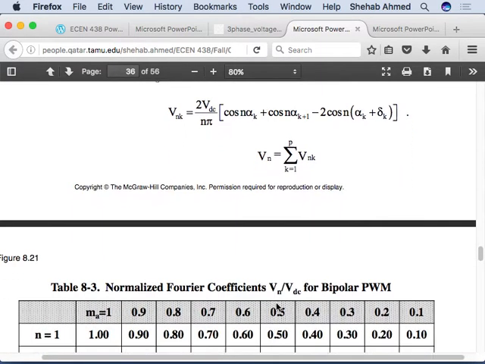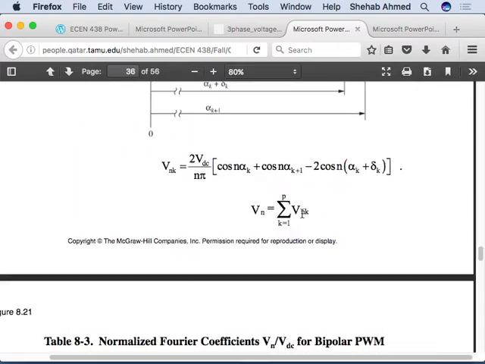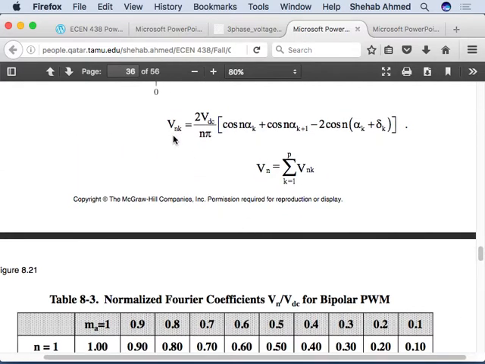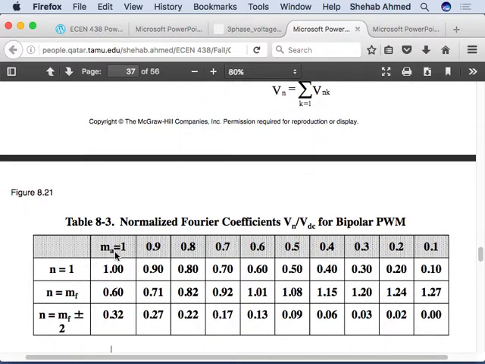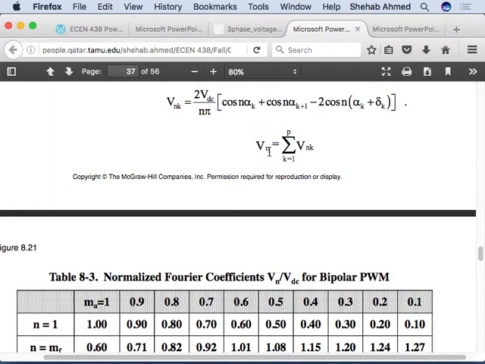And then here I just tabulated the numbers after dividing them by VDC. So V1 at a modulation index equal to 1 is equal to 1. That's when I calculated V1 here. It happened to equal 1 when the modulation index was equal to 1.